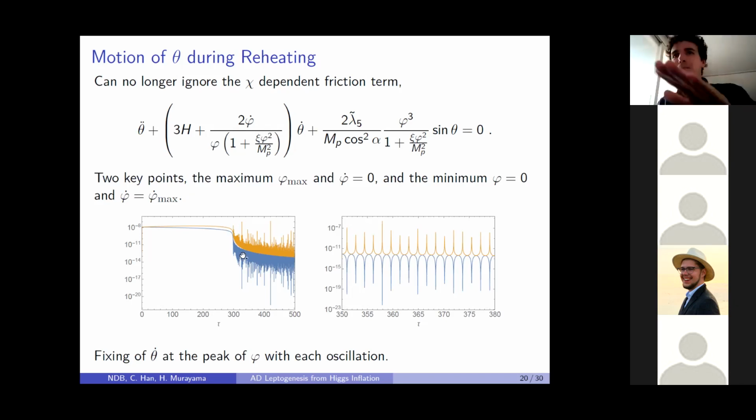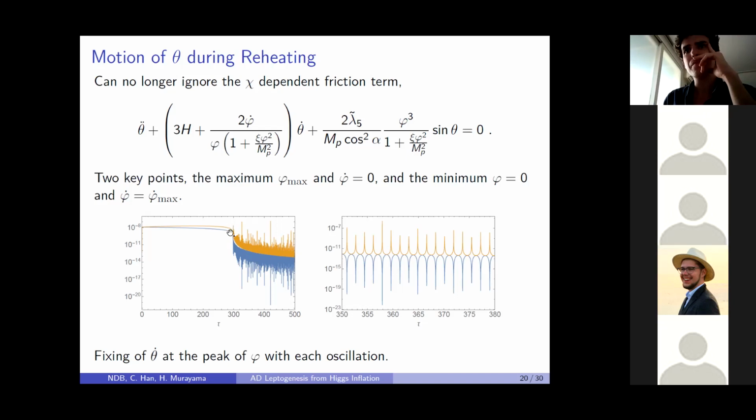If you pretend this whole messy part isn't here for the beginning, this is the full numerical calculation. We have this evolution here, where the yellow is theta dot and the blue is, sorry, phi. So this is phi, and this is theta dot.